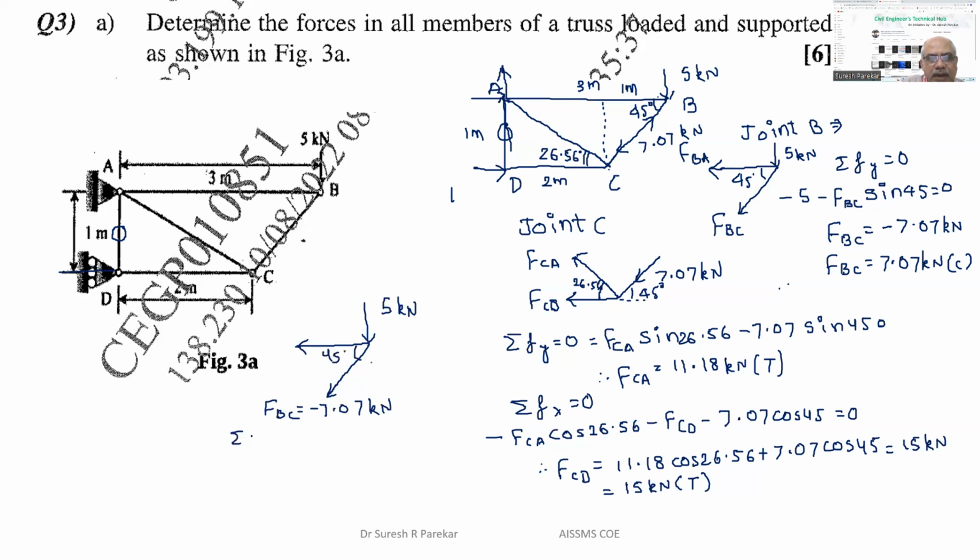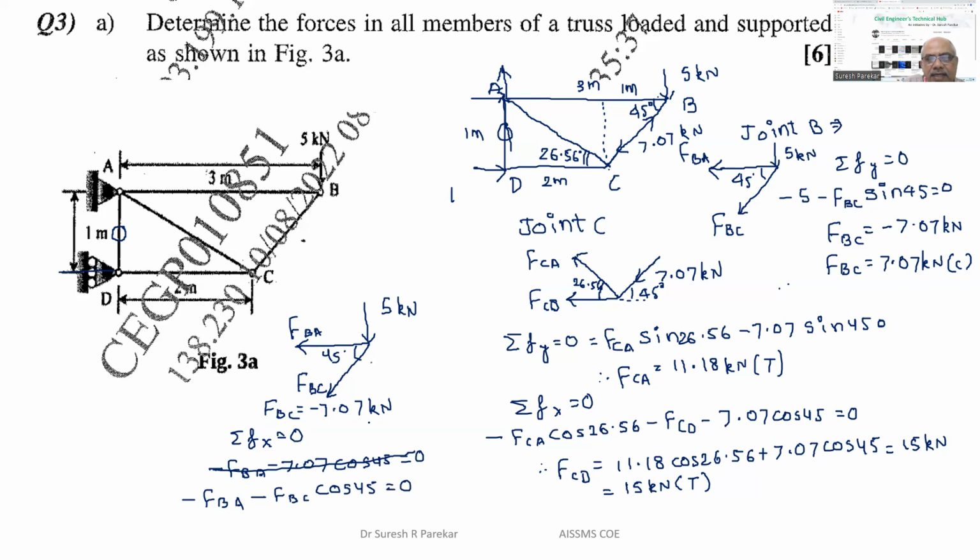So now if I will apply summation FH = 0, then we have this member of FBA. Sorry, this equation is not there. So this is FBC we got. So we have minus FBA minus FBC cos 45 equal to 0.